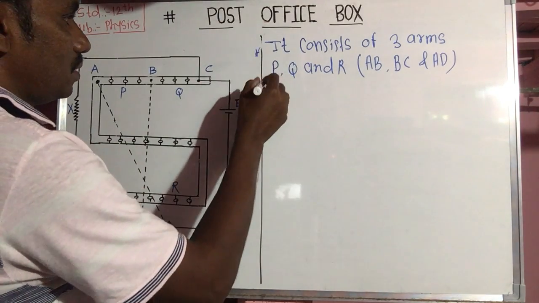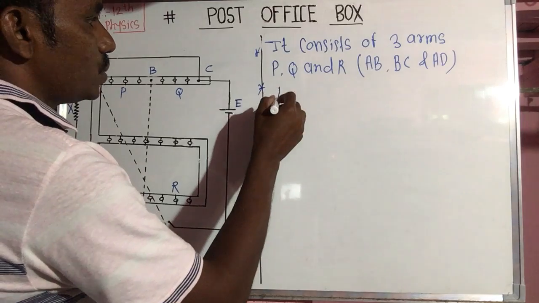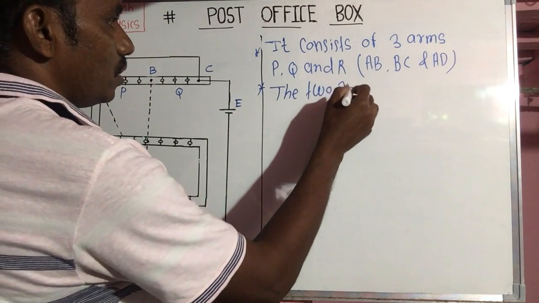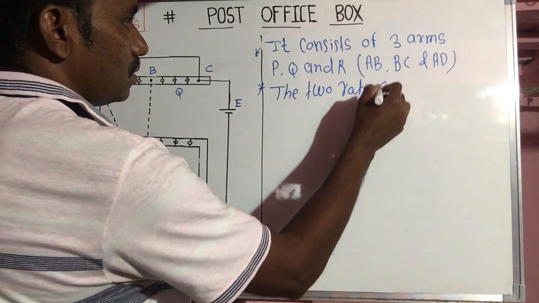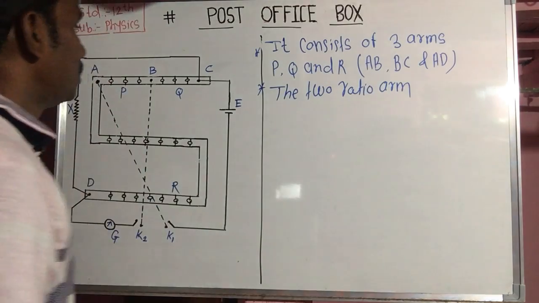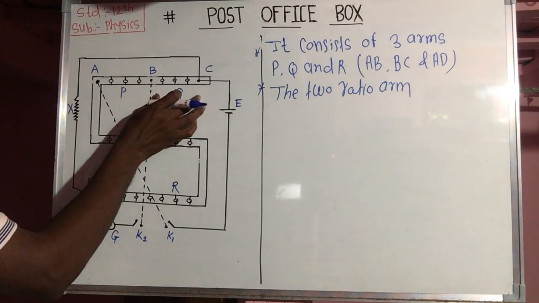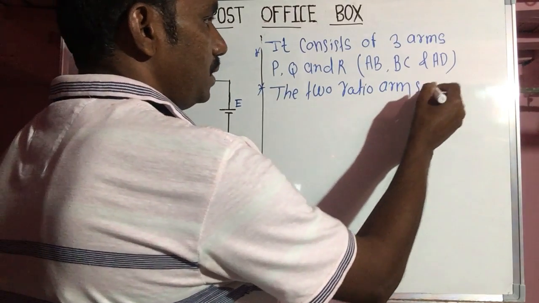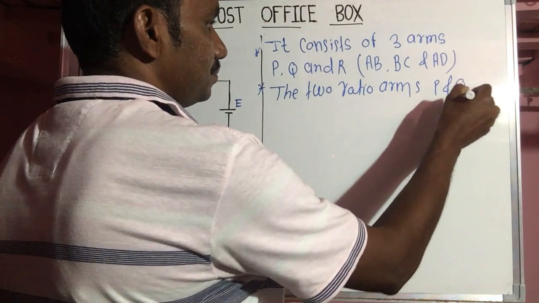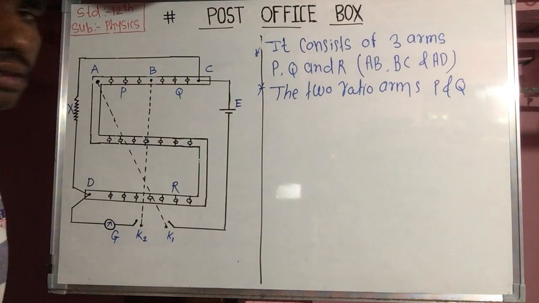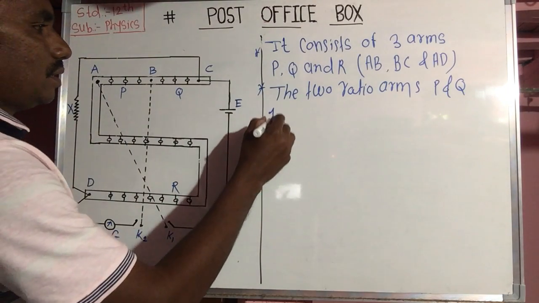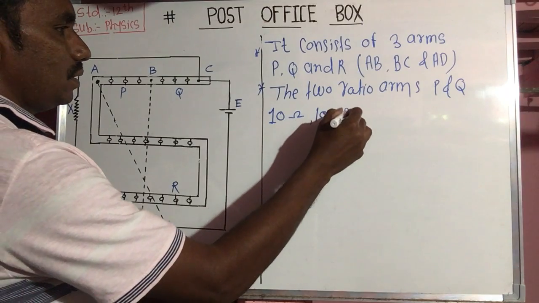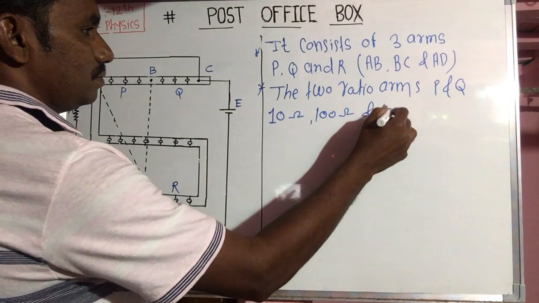First, the two ratio arms, which are AB and BC, that means P and Q, contain the resistances 10 ohm, 100 ohm and 1000 ohm.